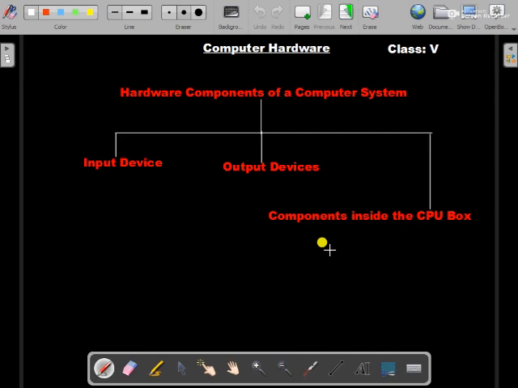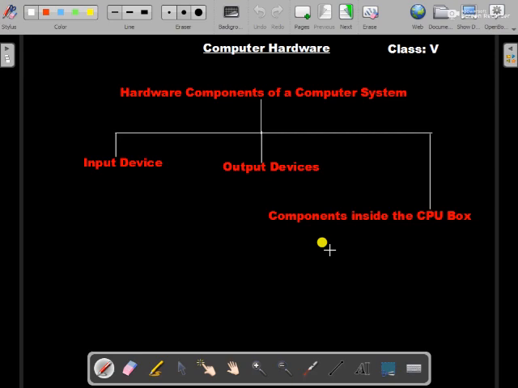There are some components such as keyboard, mouse and monitor which you can see are present outside the computer system. However, there are some other components that are present inside the computer which you cannot see.